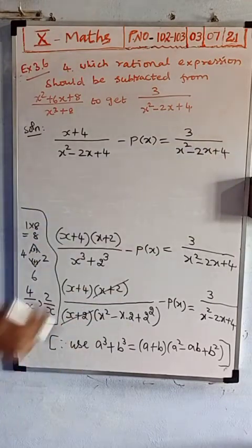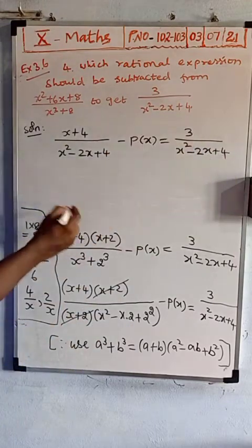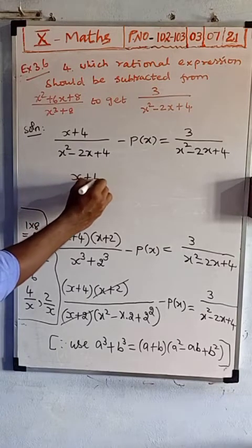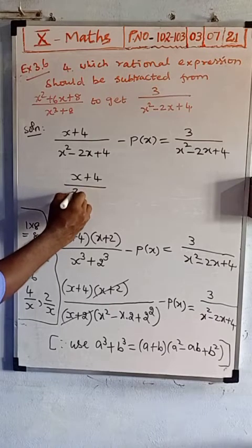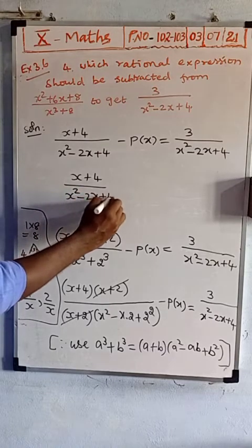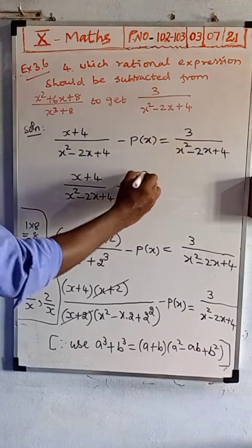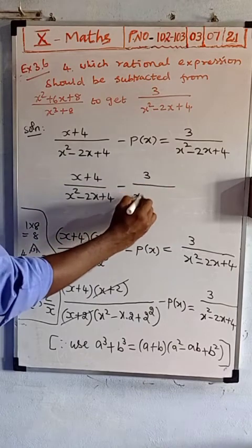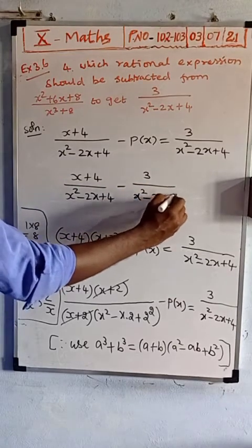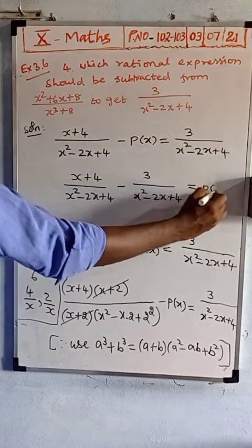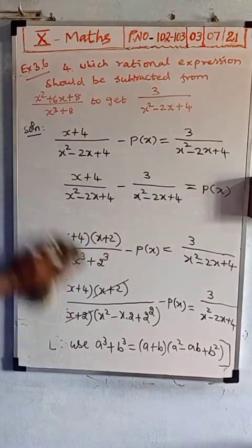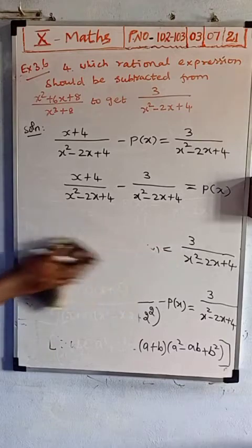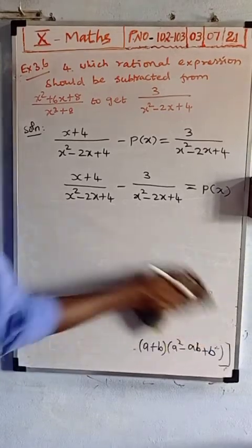Now we need only p of x, so minus p of x, that's why go plus p of x. This first term you should write as it is. So x plus 4 divided by x square minus 2x plus 4, minus 3 this side, divided by x square minus 2x plus 4 is equal to p of x. Now simplify, and you will get the p of x value, the unknown expression.